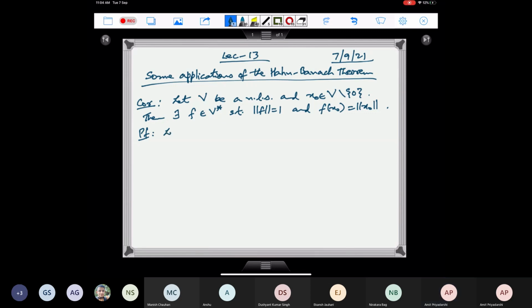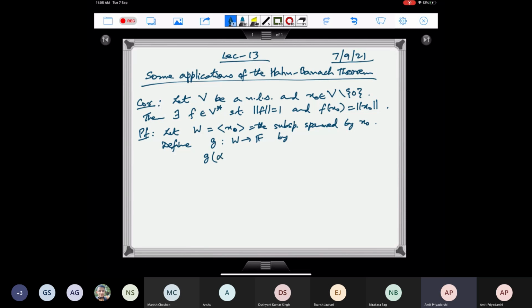So let W be the subspace spanned by x naught. Then we will define G from W to F by G of, so any vector in W is a scalar multiple of x naught.